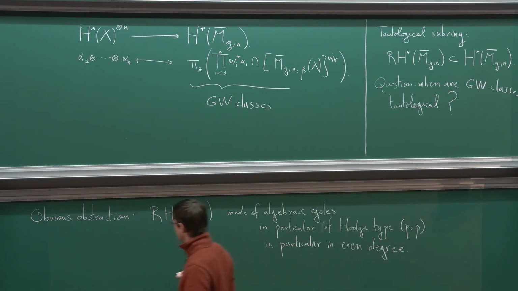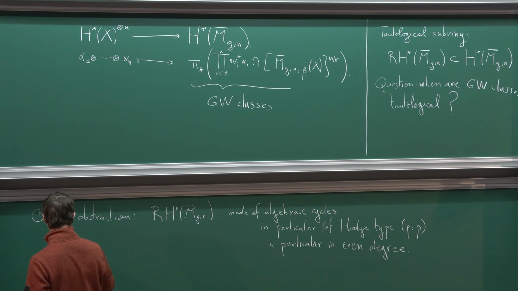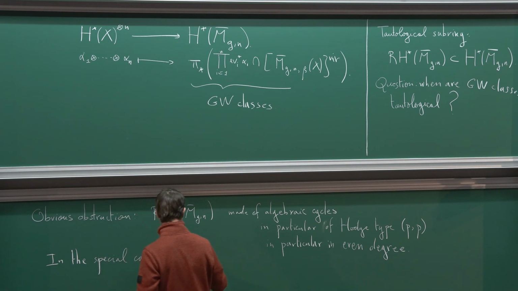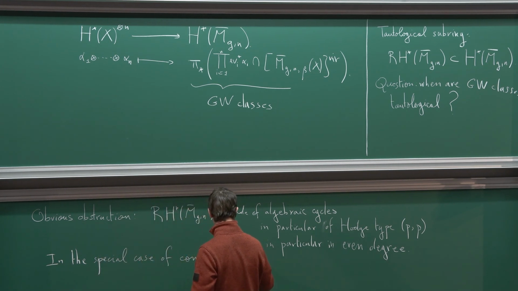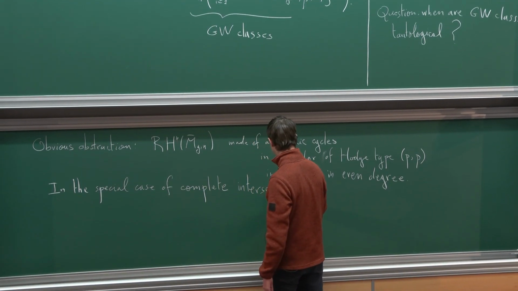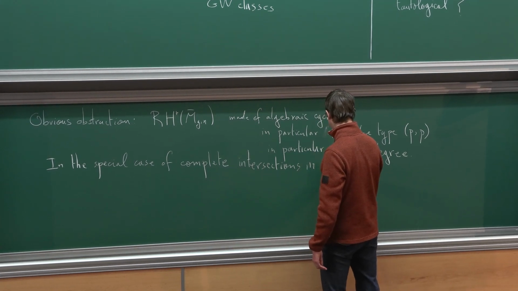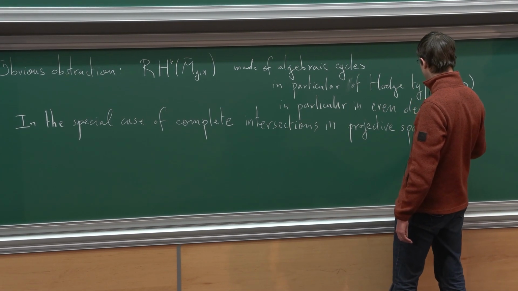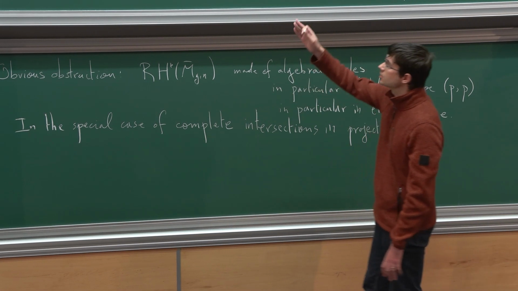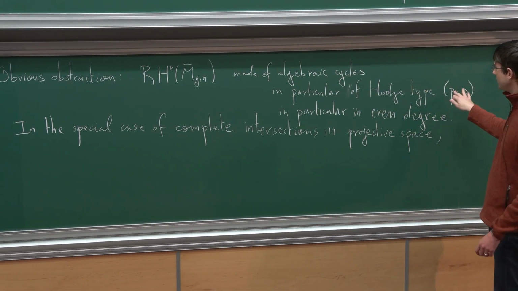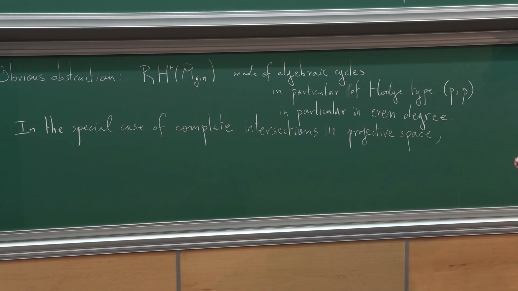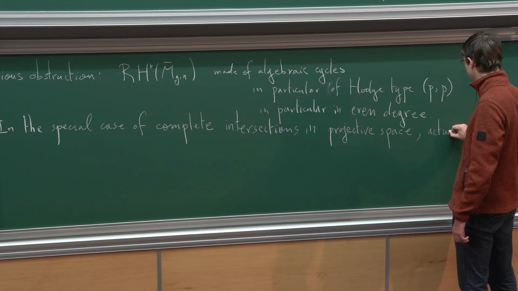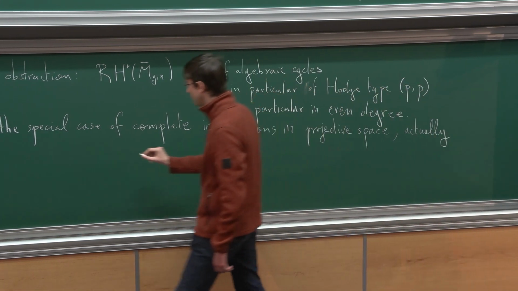But what we'll see is that in the special case of complete intersections in a projective space, so typically these varieties can have interesting cohomology in odd degree or have a non-trivial Hodge theory. But even in this case, we'll see that Gromov-Witten classes are tautological.